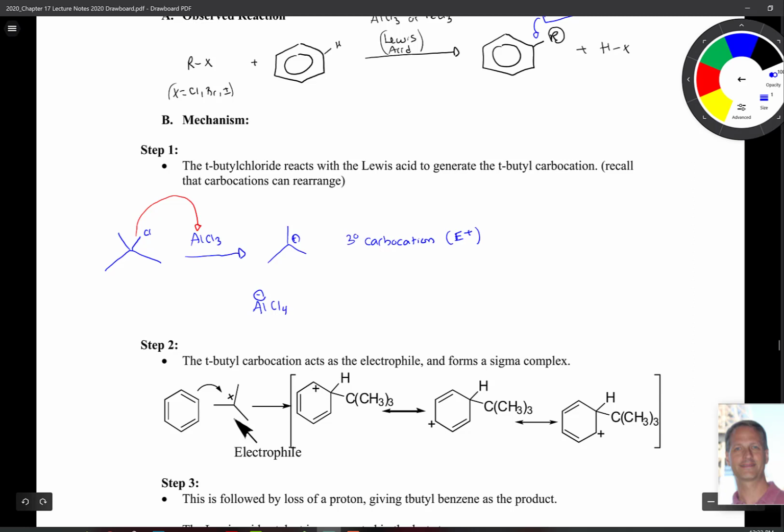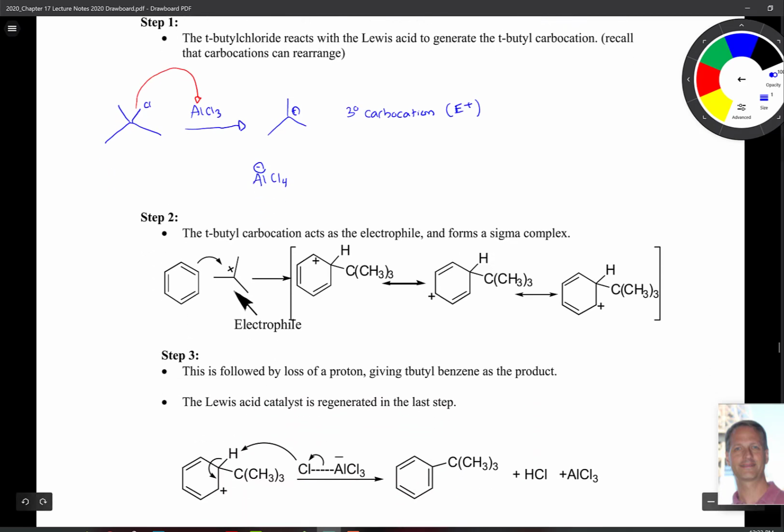So the rest of the mechanism looks like things that we've seen before. Looking down below here, you have your aromatic ring reacting with that tertiary carbocation. You get a tert-butyl group here, positive charge here, which moves around the ring to that position, and then swings over here, to this final position.